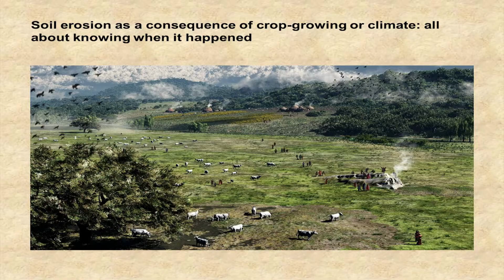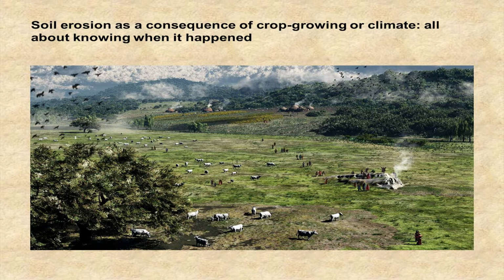And if the soils were being damaged, what happened to the human communities, the people that farmed this landscape? Was it even the people who farmed here that were making the soil erosion? It's these relationships that we work on. So, it can be a consequence of crop growing or climate. We need to date it, and we can here.